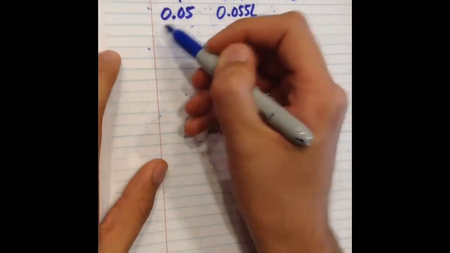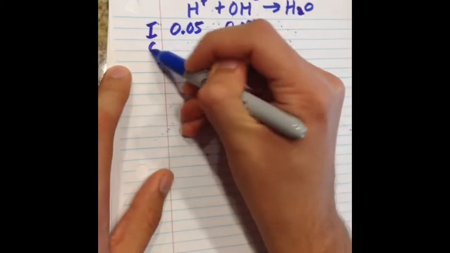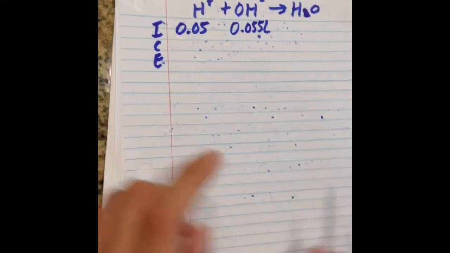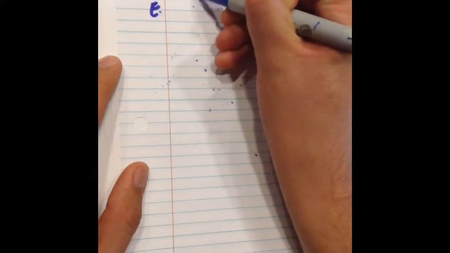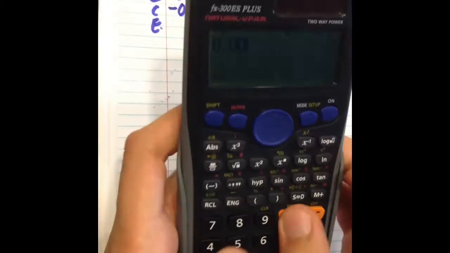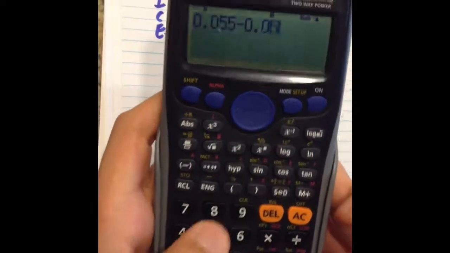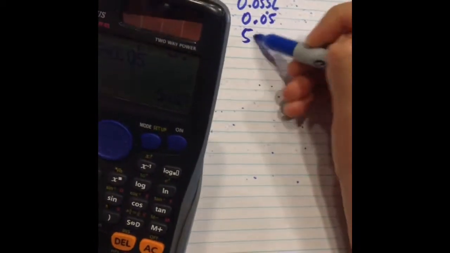Now we put in the ICE table. This time H+ is going to be the limiting reagent, so we're going to solve for pOH and then convert that to pH. We subtract: 0.055 minus 0.05, and we get 5 times 10 to the negative 3.